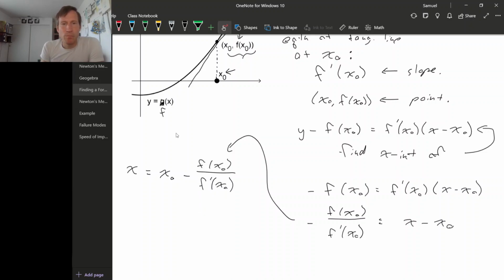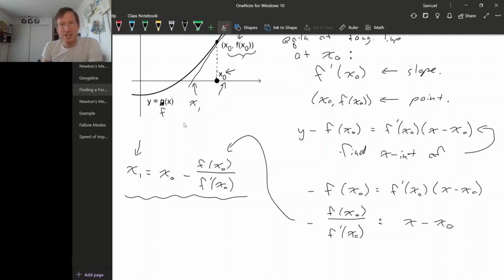Now, when we first developed Newton's method, remember, if our first guess was x sub 0, our next guess, we called that x sub 1. So this is actually the formula for x sub 1. Well, now we would just repeat Newton's method, but this formula is Newton's method, right?